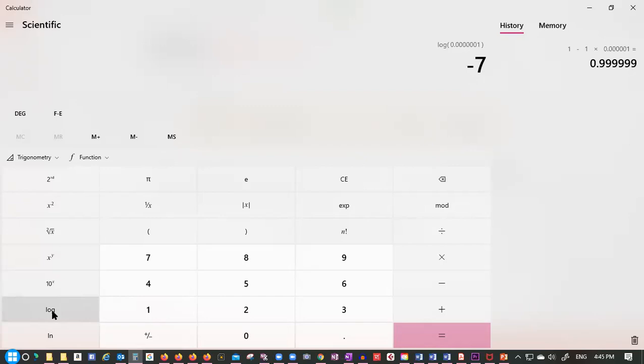That's why the definition says negative log of concentration of H3+. So the negative log is going to cancel this negative and you will always get a positive number for pH. So don't forget that.